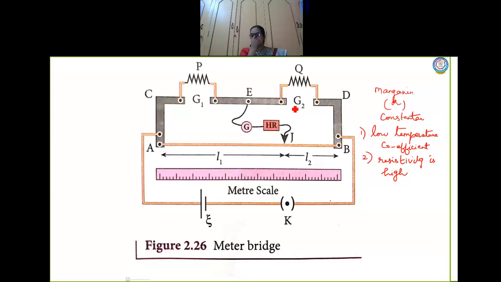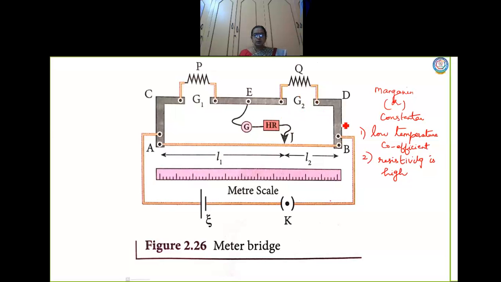Then you interchange the known resistance and unknown resistance. Now this gap is the left gap, this gap is the right gap. Initially the unknown resistance was in the left gap and the known resistance was in the right gap, and you took a set of readings.